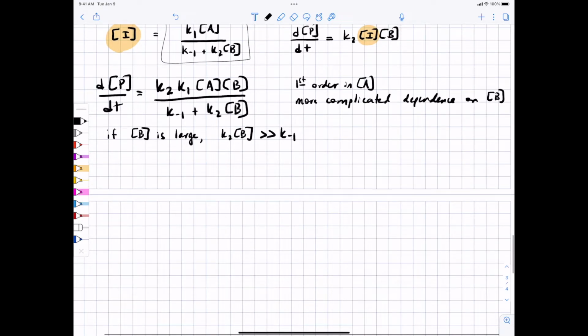And if that's true, then we can make the approximation that the rate of the reaction is equal to the following.